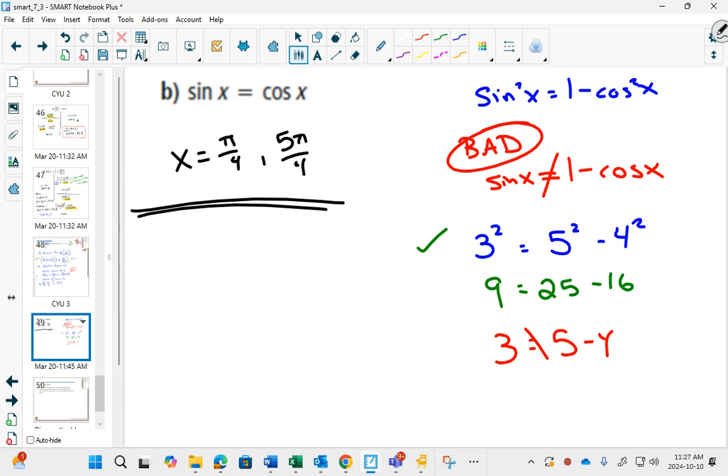There is a method with identities. A strategy that we did in the last question is we wanted to have only one trig function to solve. So what I'm going to do here is some identities to get only one trig function. I'm going to start by dividing both sides by cos x.